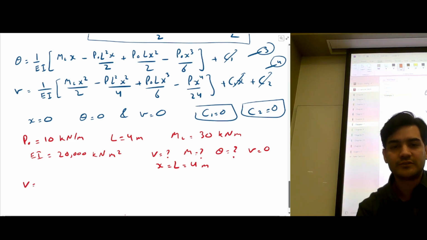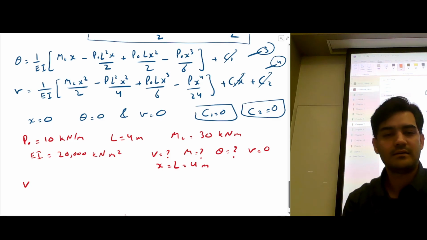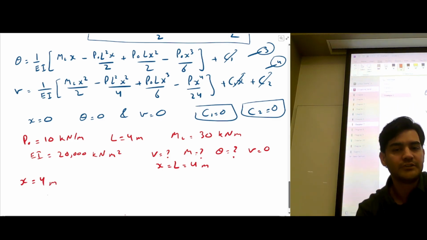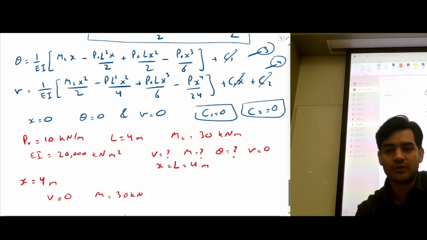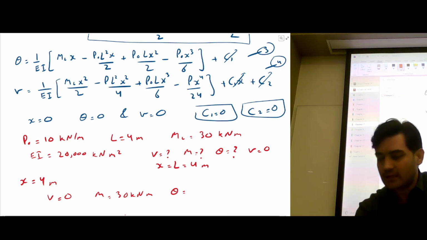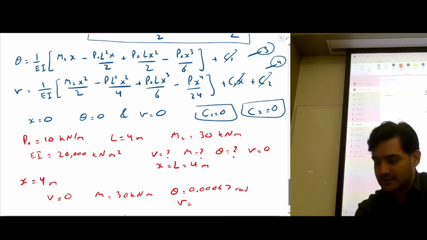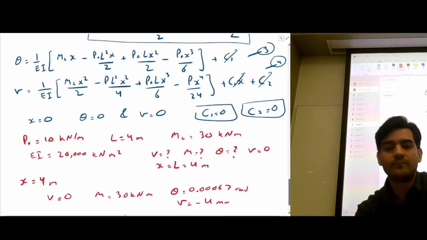So shear force, at x is equal to 4 meter, shear force is 0, bending moment is 30 kilonewton meter, bending angle is 0.00067 radians, and displacement is -4 millimeter.